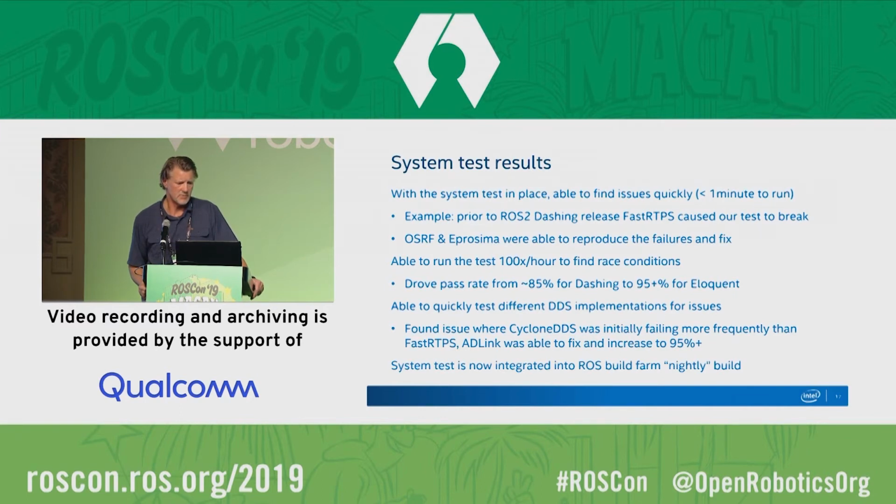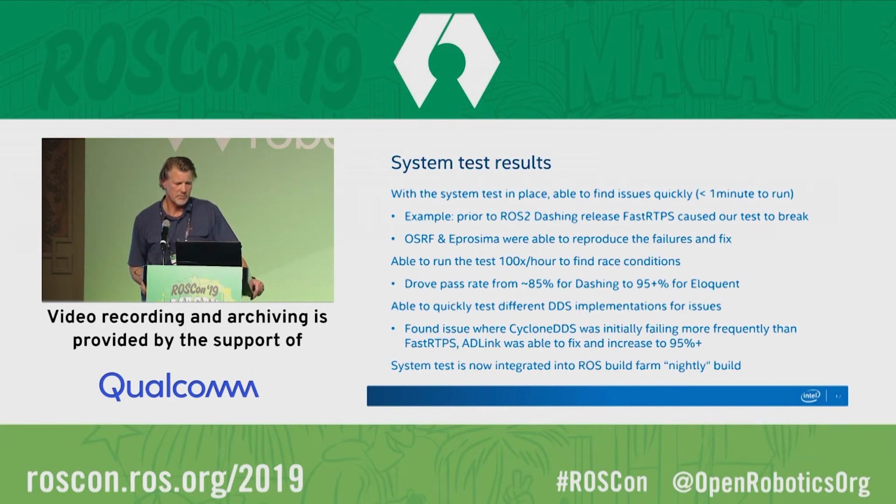With that data, we've worked with ADLINK and with eProsima, and they were able to reproduce some of these failures that we only see one time in 100, and therefore fix underlying issues in the DDS layers.